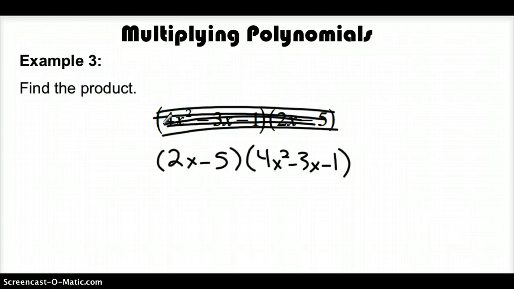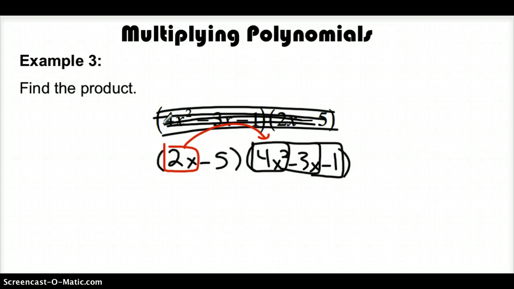Okay, and so again, I'll take my 2x and I'll multiply it by each term in this trinomial here. Okay, notice how I'm putting the sign in front when I circle each term. Okay, so 2x times 4x squared is going to give me an 8x cubed. Okay, then 2x times -3x will give me a -6x squared.